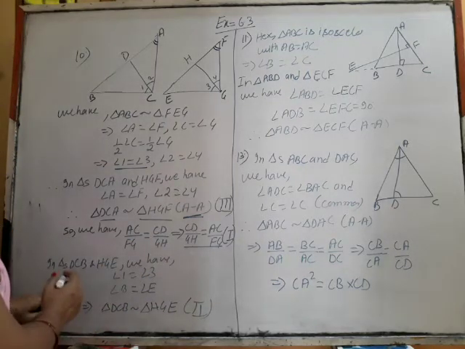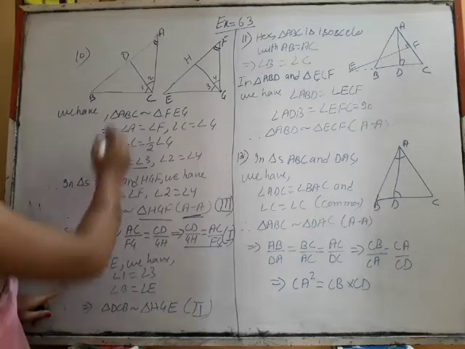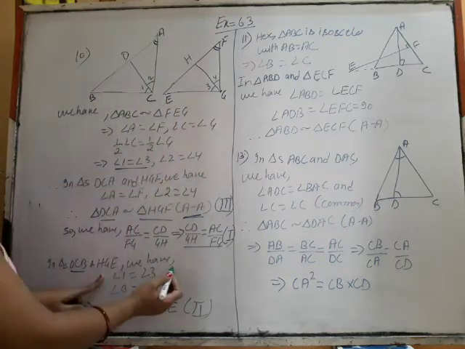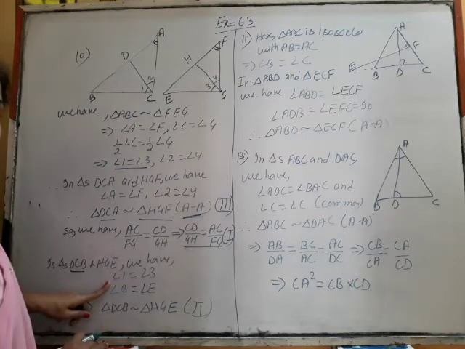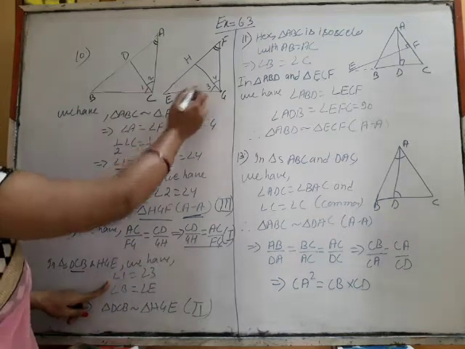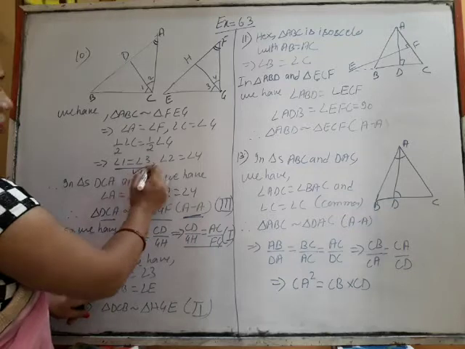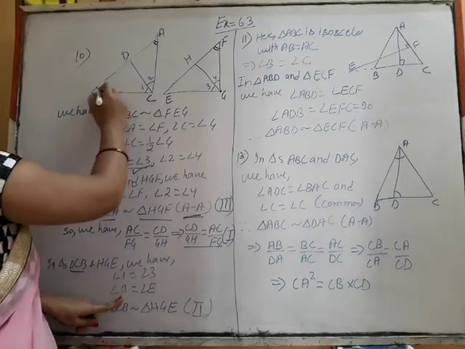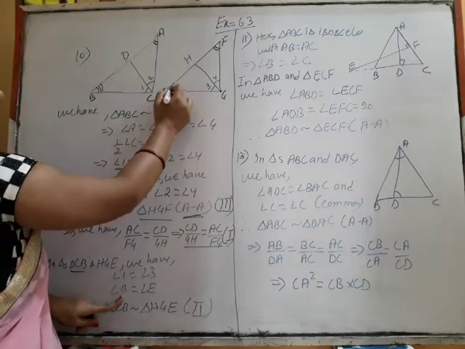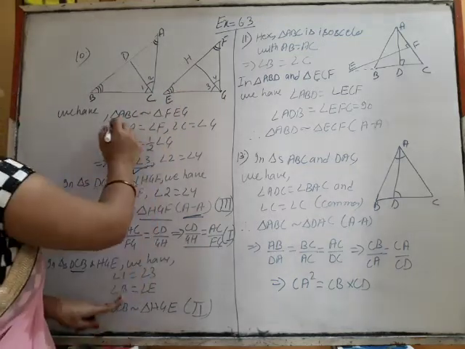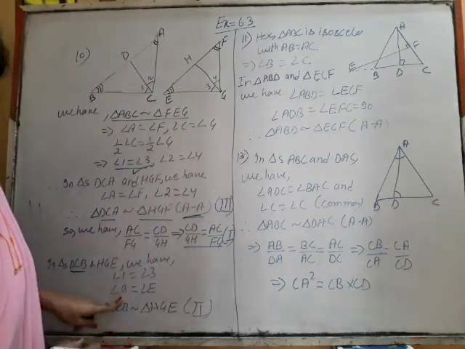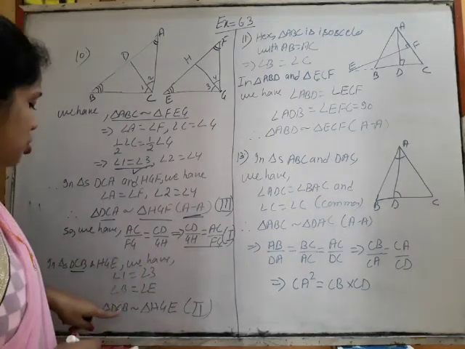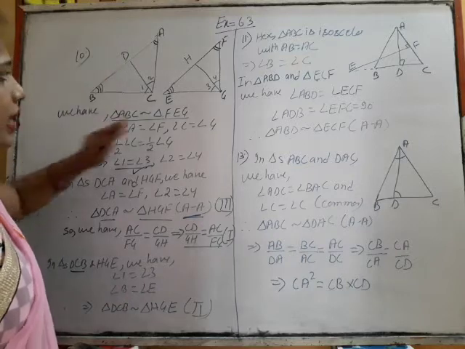Now the last one. In triangles DCB and HGE, angle 1 is equal to angle 3, which we have taken from here, and angle B is equal to angle E. How? Since these triangles were similar initially, all three angles were equal.